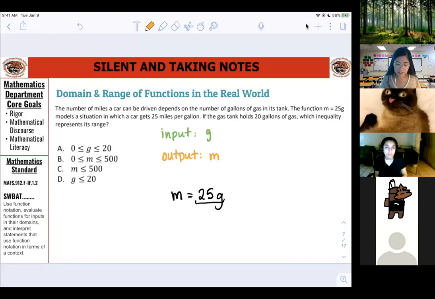Now, it tells us a little bit of information about the gas and about the miles. So what do I know about the gas? Read a little bit further.